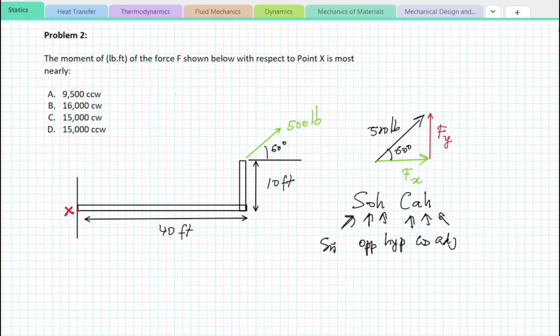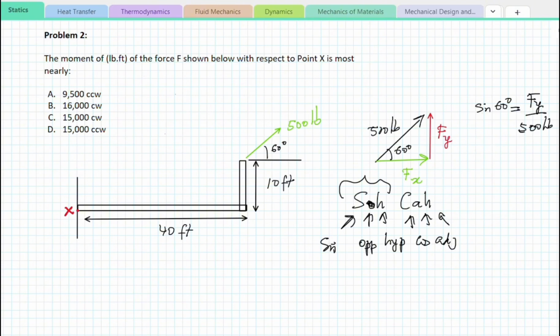However, as far as the Y component to start with, we can see that the Y component of the force is the opposite side of the 60-degree angle that we were given. So to calculate the Y component, we'll need to use this part. Sine of 60 degrees is equal to the opposite side of the 60-degree angle, which is Fy, over the hypotenuse, which is our 500-pound force.